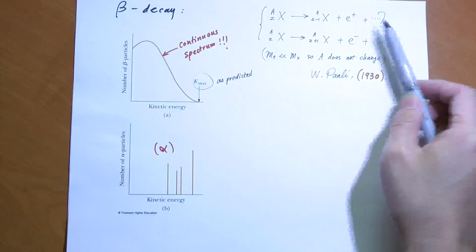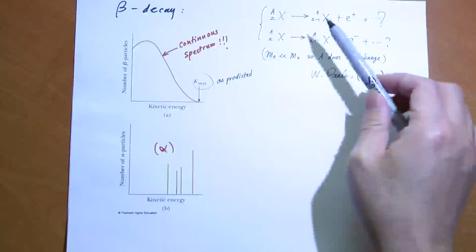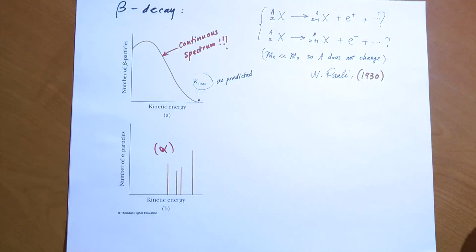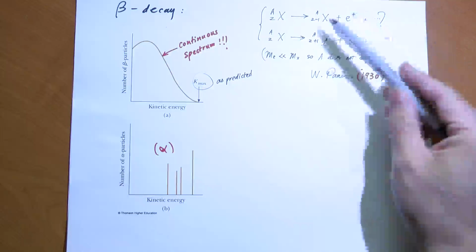So the reaction energy Q, whatever energy is released, is K1 plus K2 plus K3. But these are the only two equations we have. We have two equations, conservation of energy and conservation of momentum, but we have three unknowns, P1, P2, P3.